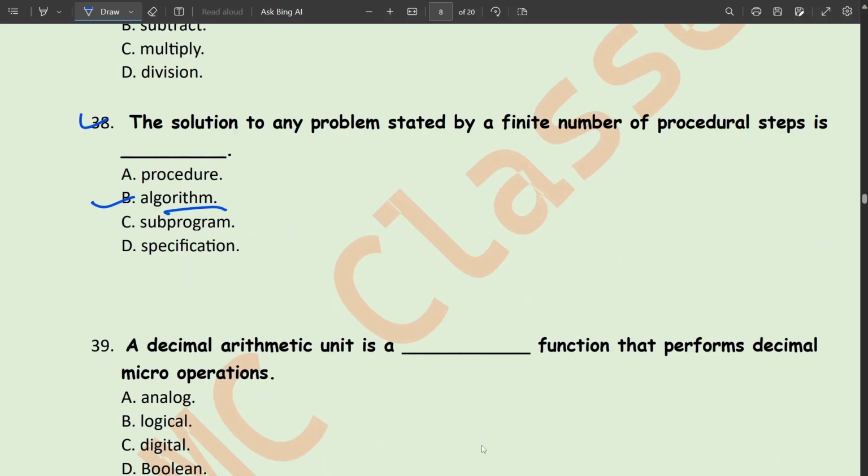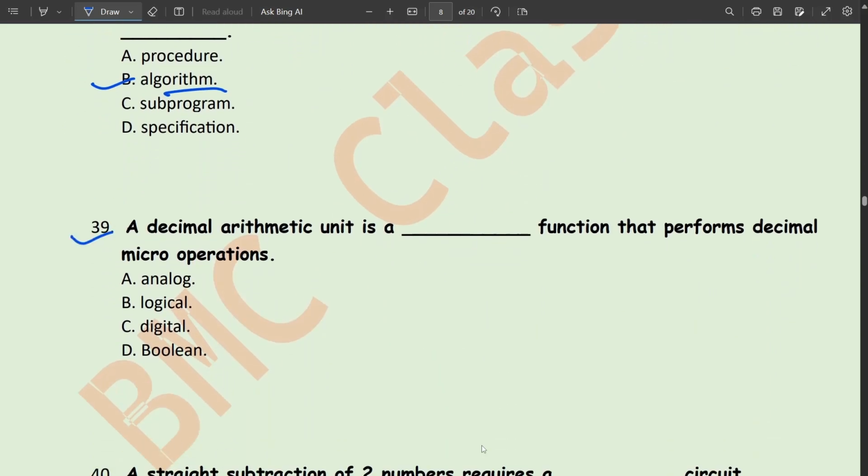Okay. Next, a decimal arithmetic unit. A decimal arithmetic unit is a function that performs decimal micro operations. So here the correct answer is digital.